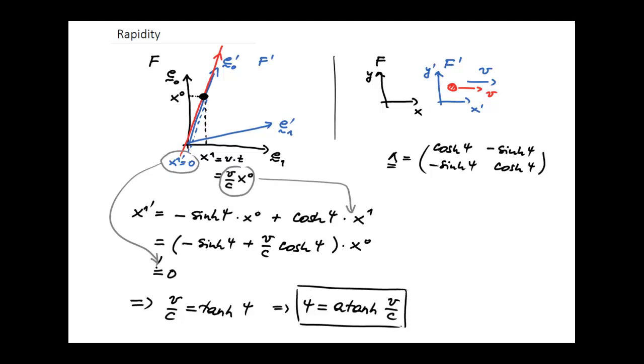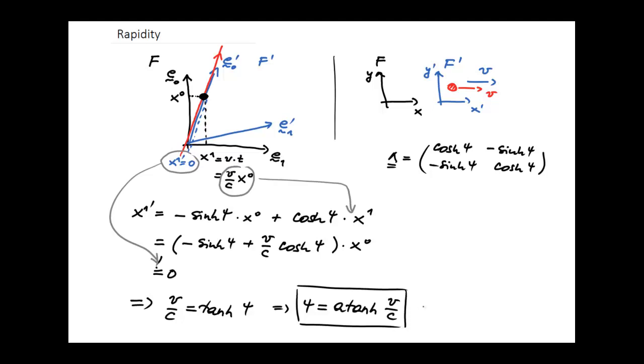Now for small arguments, the inverse hyperbolic tangent of x is approximately equal to x, because at x equals 0 this function has slope 1, and therefore for small arguments it's approximately equal to the argument.